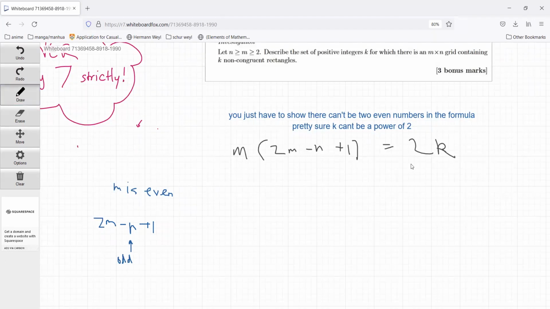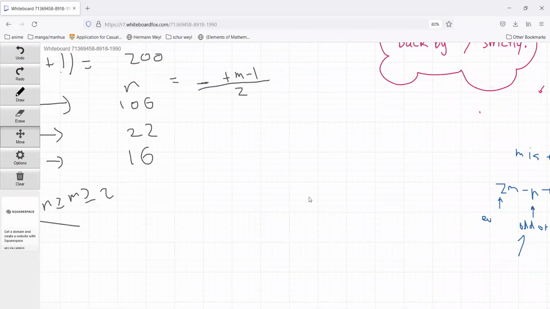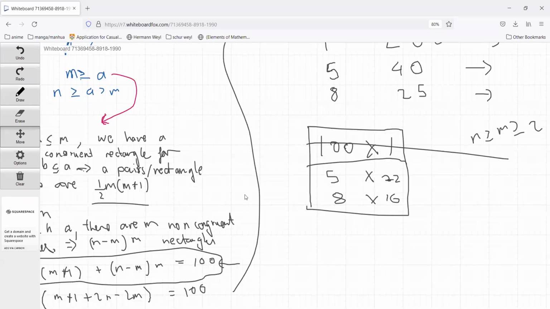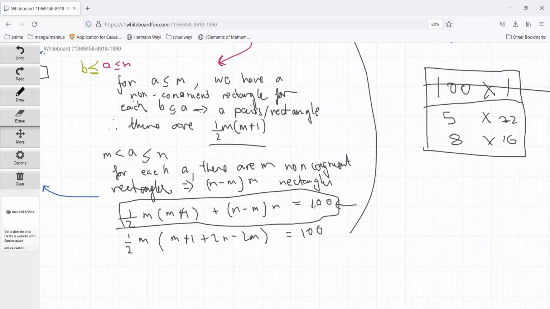Yes. However, we do have this factor of 2 over here. Oh, yeah. Right? Wait, one sec. It's 2n, my bad.